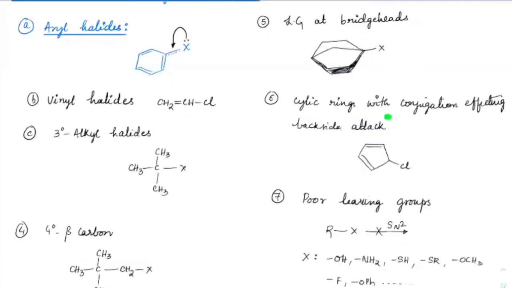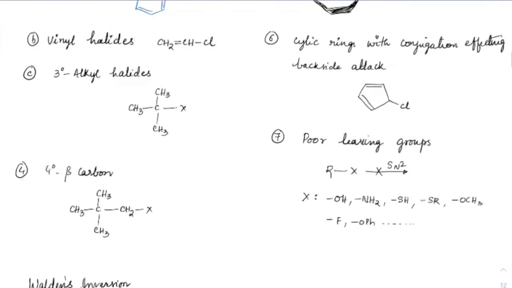If we have cyclic rings with conjugation, then the attack of nucleophile can be inhibited. Hence, in this case also, you will not see backside attack happening. And lastly, we learned about poor leaving groups. If there is any poor leaving group, you won't see SN2 reactions happening.